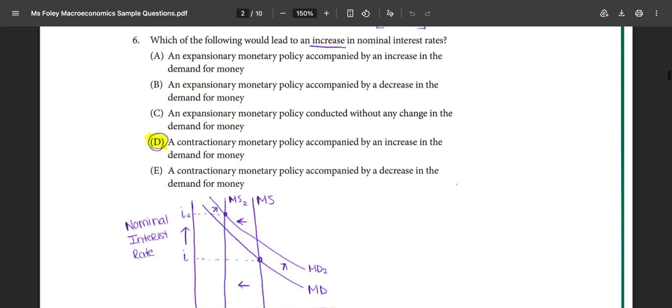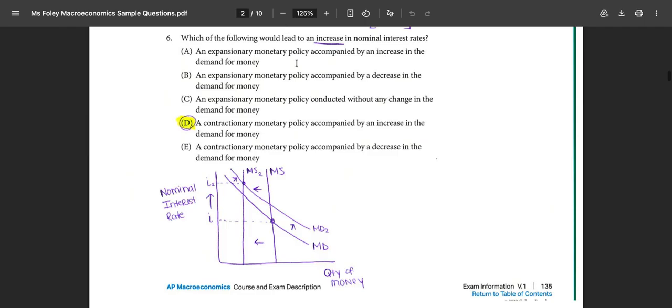Moving on to number 6, which of the following would lead to an increase in the nominal interest rate. So what we need here, we're having multiple things shift. We're having monetary policy, which is going to be shifting the money supply curve either left or right.